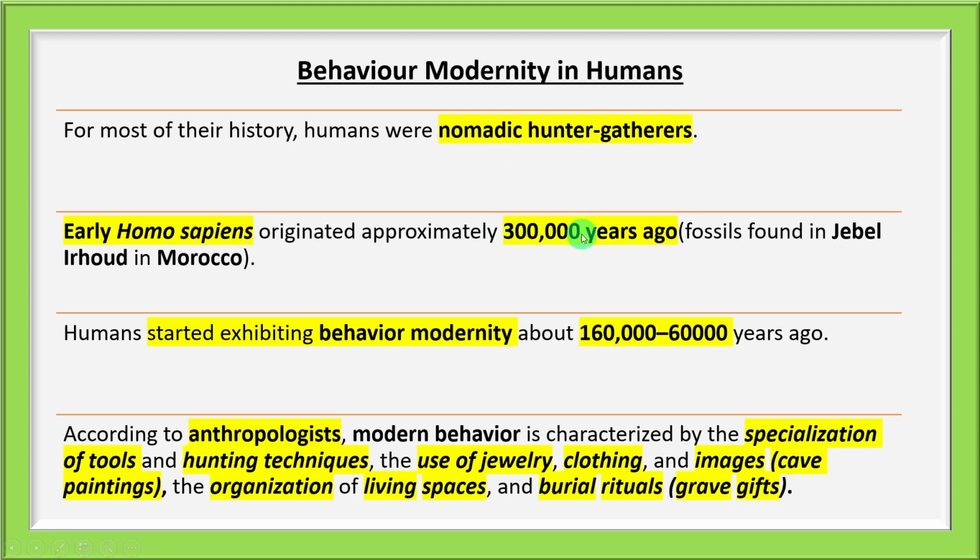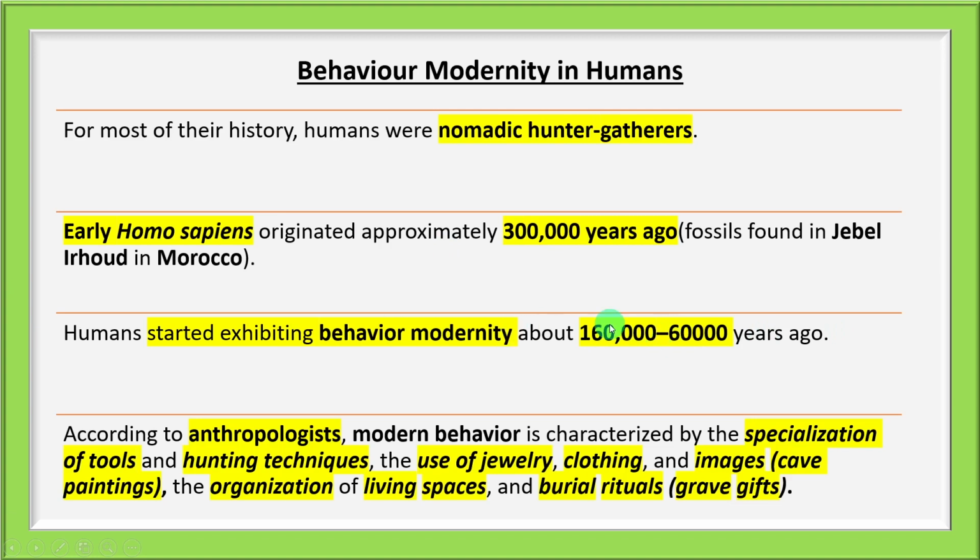Then this time, 300,000 years ago, as I told you, was important because of the appearance of early Homo sapiens. And we get this time from the evidence of a fossil found in Jebel Irhoud in Morocco. Then we started exhibiting behavior modernity about 160,000 to 60,000 years ago.